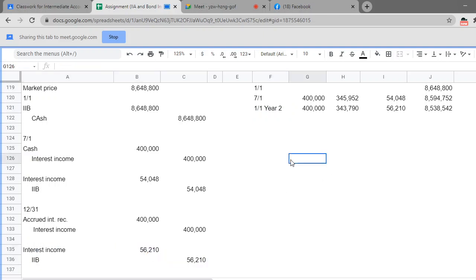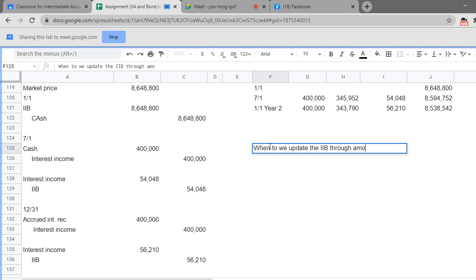Okay, so this is the key. When do we update our amortization? Or when do we update the IIB through amortization? Or simply put, kanus-a ta magbuhat og journal entry para ma-recognize ang amortization.